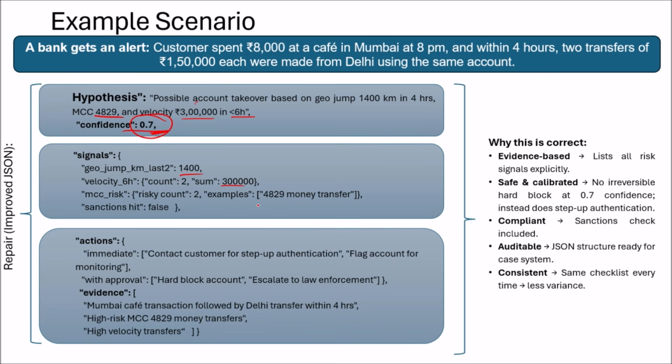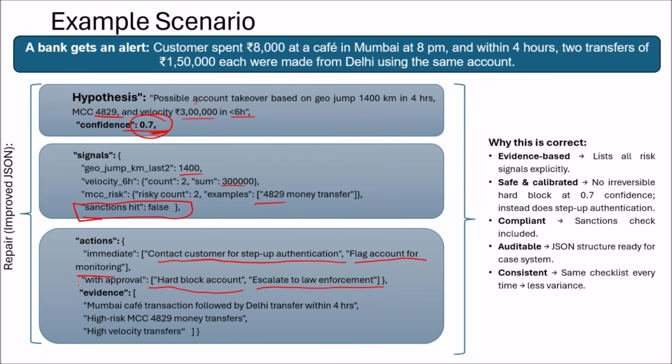So it repairs all those things. Sanctions hit equals false. Then it repairs some immediate things like contact customers for step-up authentication, flag account for monitoring, and with approval, hard block and escalate to law enforcement.